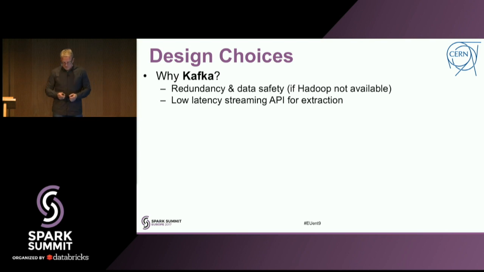Also, there is one possibility to implement a very low latency streaming API just based on Kafka. We have it in mind as well, because there are clients that really rely on very, very low latency. So this data can be presented to them directly from some Kafka topic and partition.